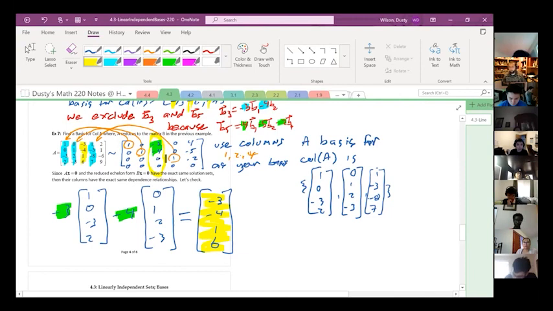So Matthew asked, is this a basis for R4? And the answer is no, this is not a basis for R4.